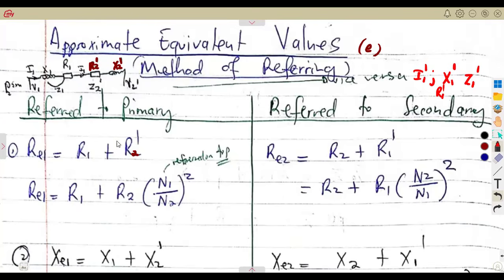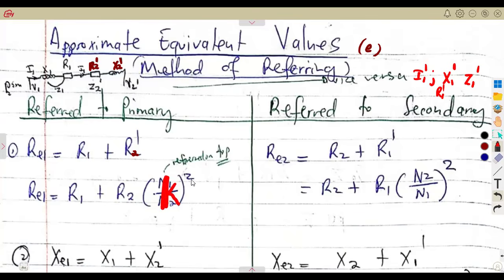So that equivalent is going to be R1 plus that resistance referred to the primary, which is R2 bar, and which can be calculated from R2 into N1 over N2, this is our transformer ratio. As you are referring to the primary, N1 over N2 is representing our transformer ratio, but it can be represented differently in other textbooks.